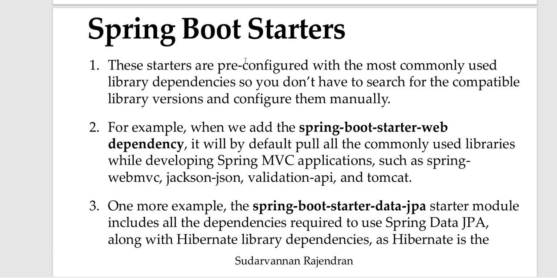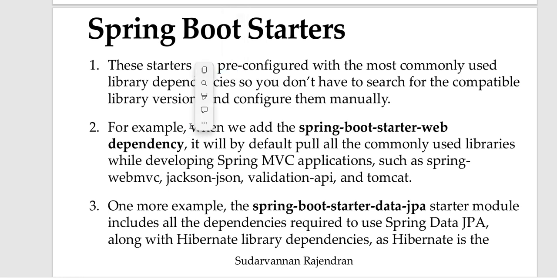These starters are pre-configured with the most commonly used library dependencies, so you don't have to search for compatible library versions and configure them manually. As I said earlier, you need not configure them individually, it is pre-configured. What you need to do is just add the dependency in the pom.xml.